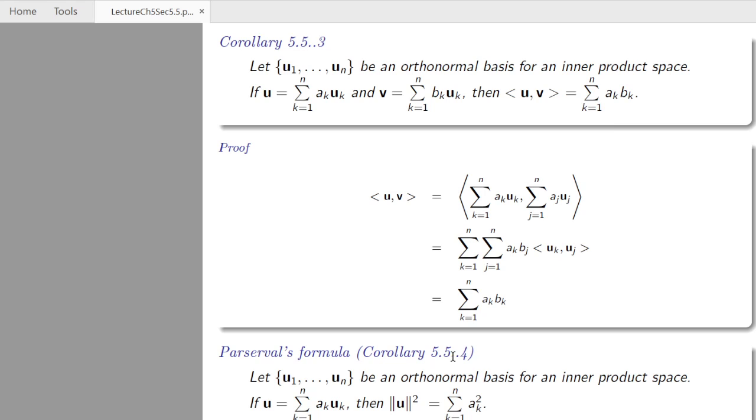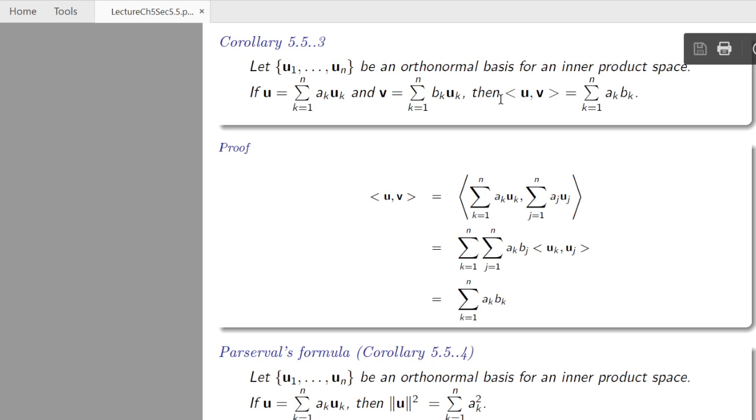Now we consider a particular case. If, for example, u and v are the same, then a_k and b_k are the same. So in that case, the inner product will be equal to the square of the norm of u.